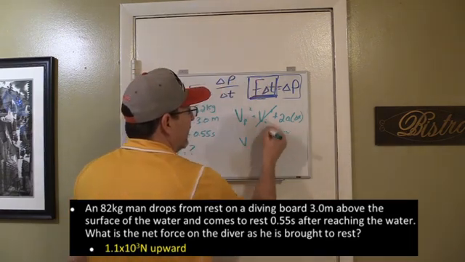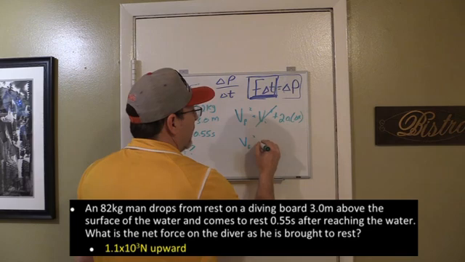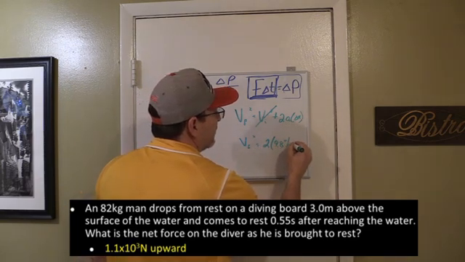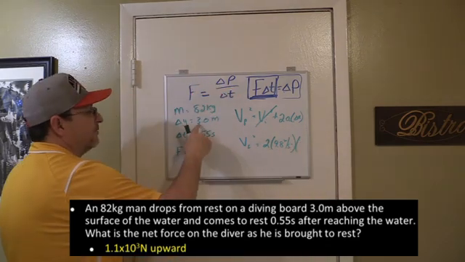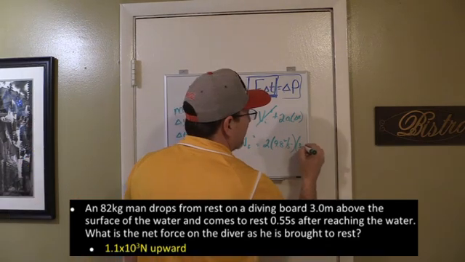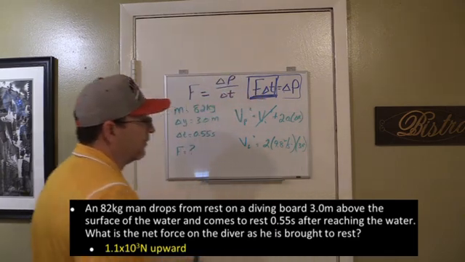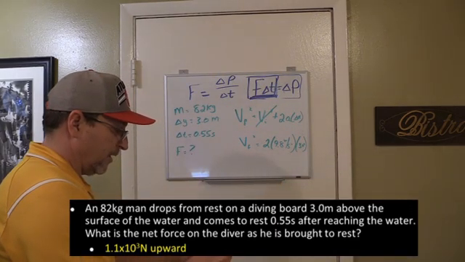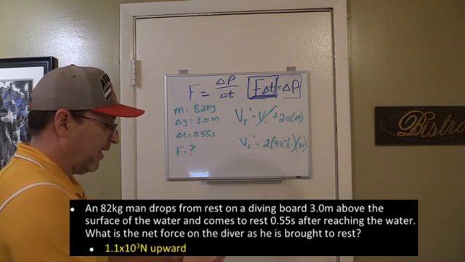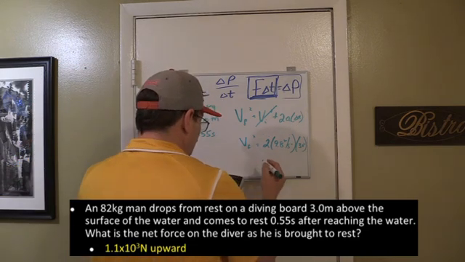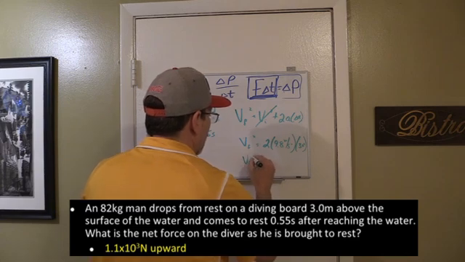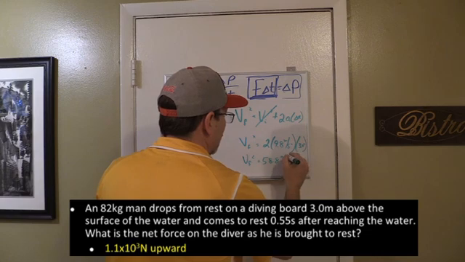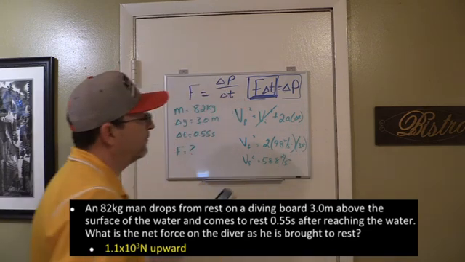So my velocity final squared equals 2 times gravity, 9.8 meters per second squared, times my change in position, 3 meters. Let me crunch that real quick. 2 times 9.8 times 3 gives me 58.8 meters squared per second squared.